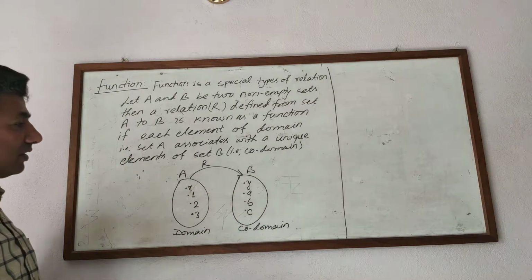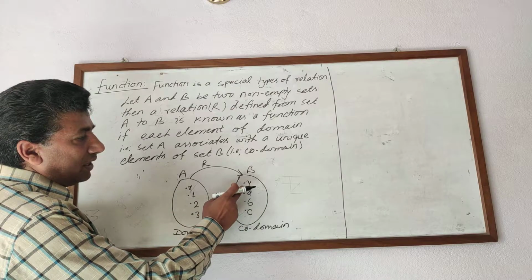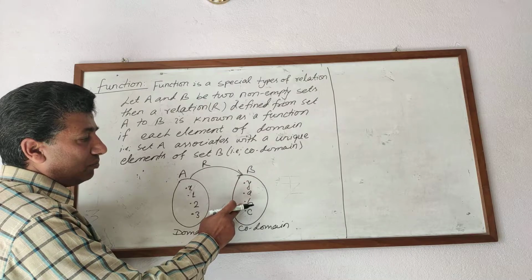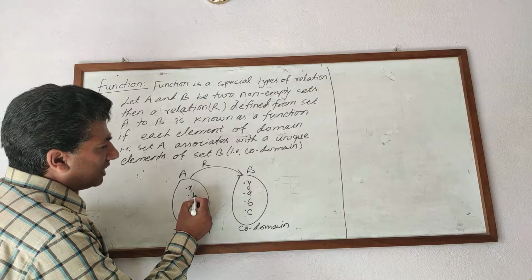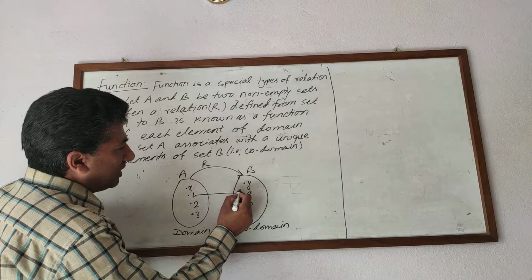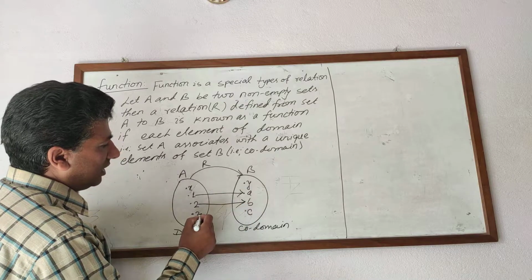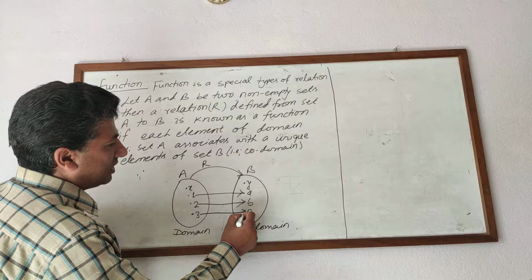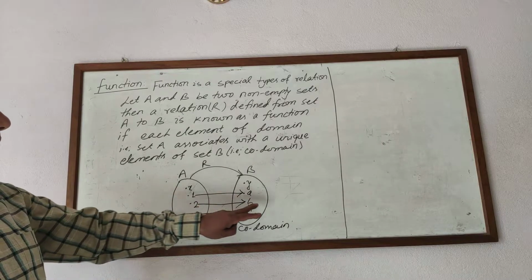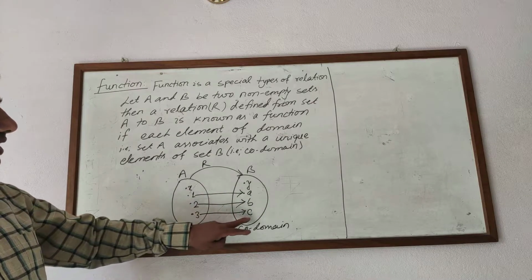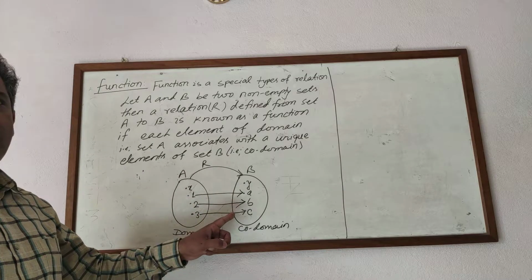This Y represents A also, B also, C also. Now, in this domain, if 1 has image A, 2 has image B, 3 has image C, it means A is image of 1, B is image of 2, C is image of 3. Then this one will be a function.